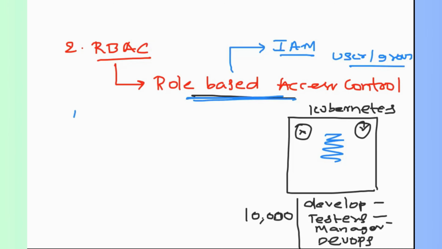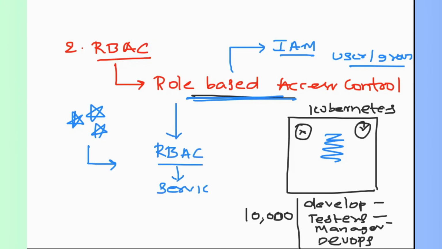So this is a very, very important topic for DevSecOps engineers or DevOps engineers, because it is your primary responsibility to define proper RBAC for the service accounts and for the users.